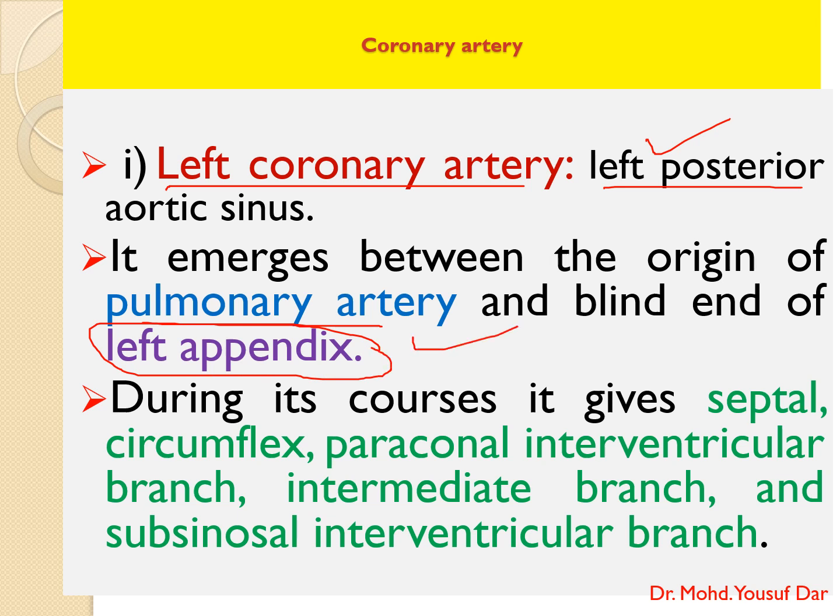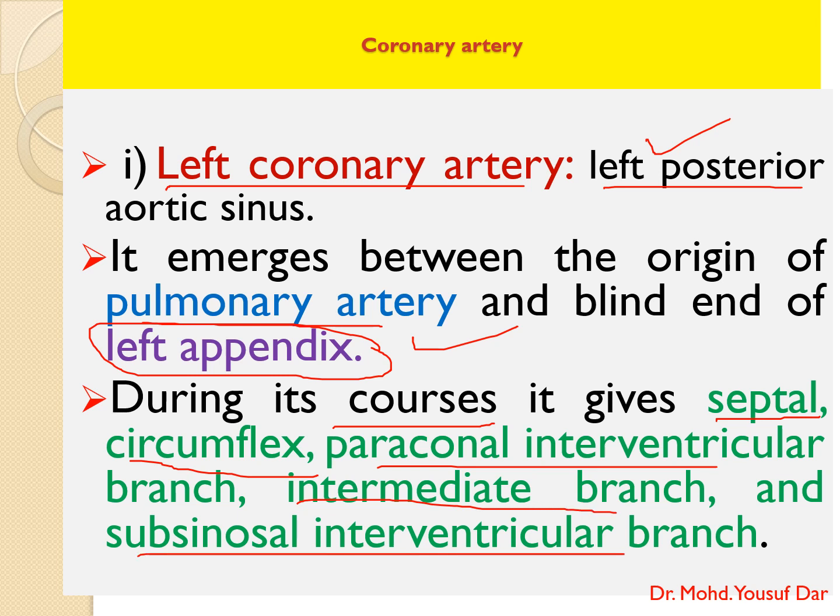During the course of the left coronary artery, it gives different branches. One is the septal branch, then the circumflex branch, paraconal interventricular branch, the intermediate branch, and the subsinuosal interventricular branch.